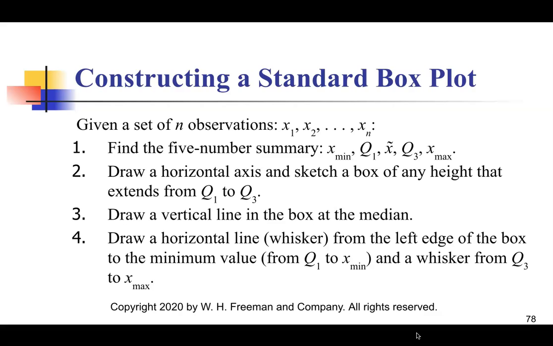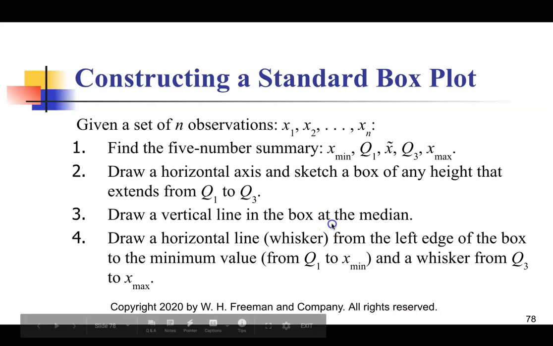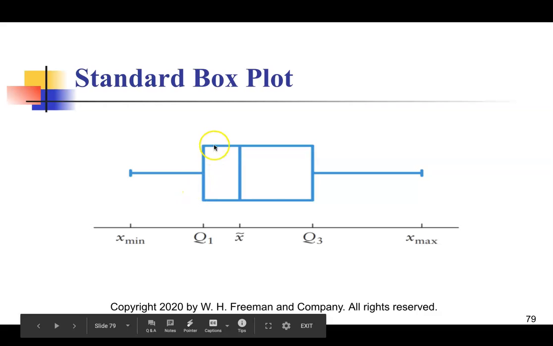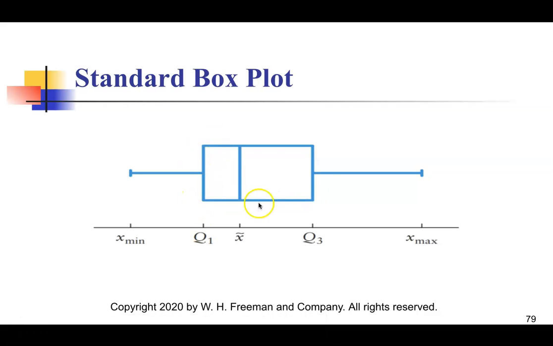We're going to draw a horizontal axis that represents the length of your observation, so your smallest and your largest. And then you'll sketch a box, and it can be of any height, just whatever makes sense for your data, that represents Q1 to Q3. So let me show you what this looks like. Here we make this box where Q1 and Q3 give us the starting and ending point of our box.